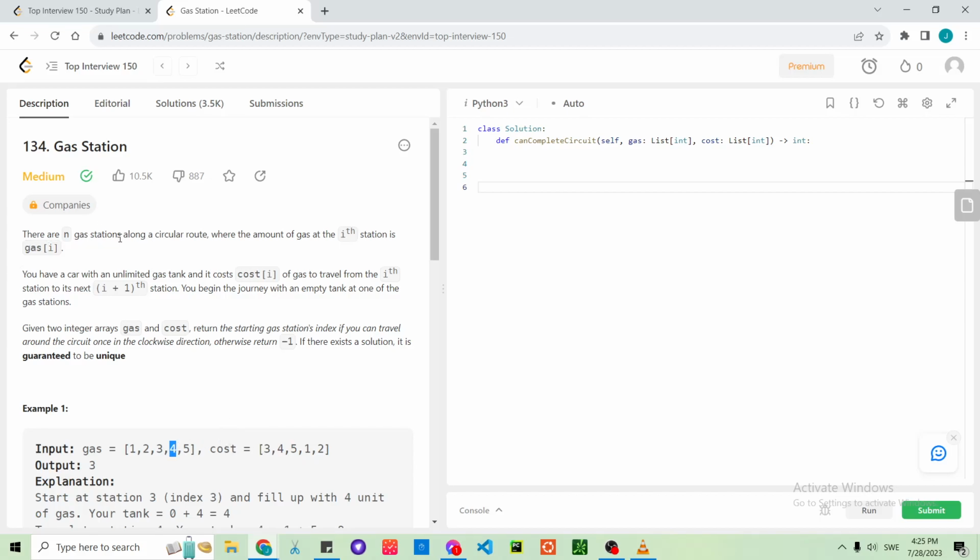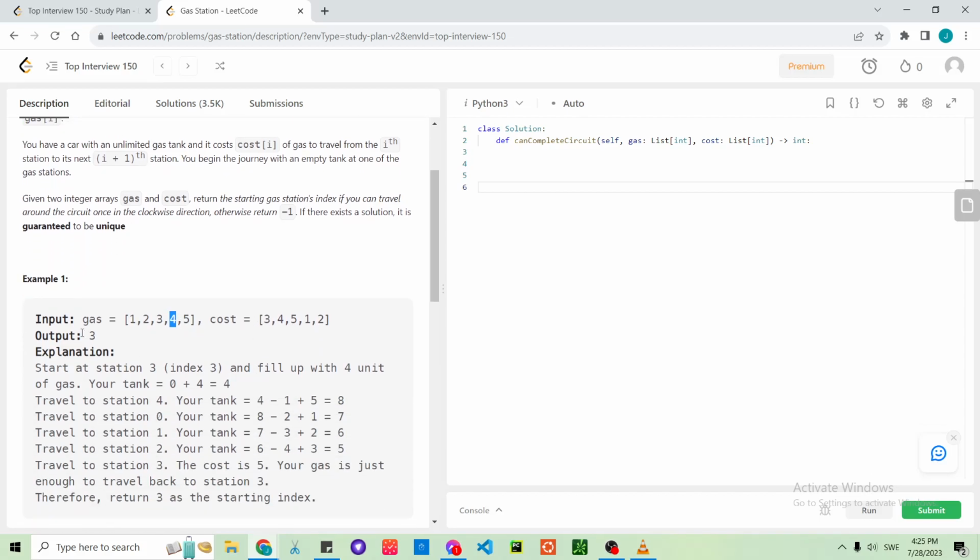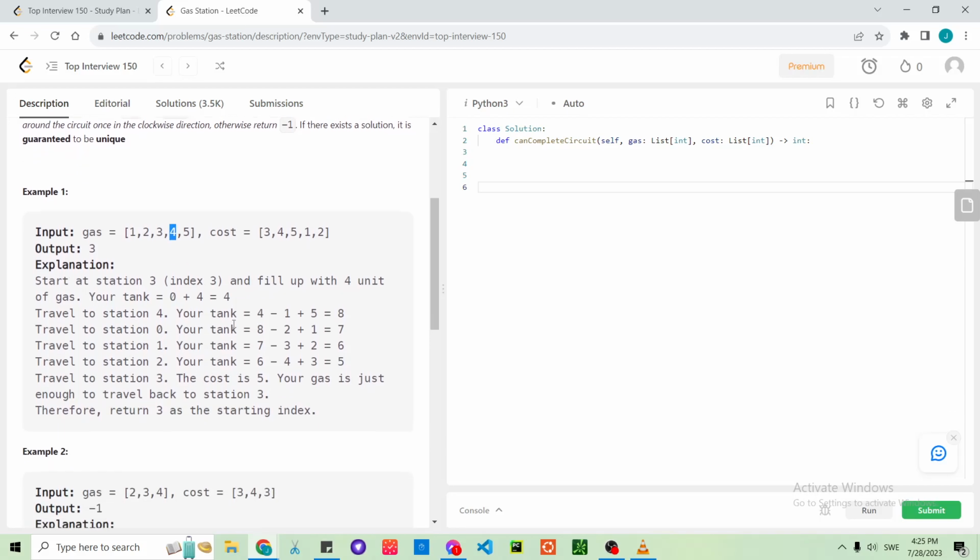Do we need to travel around the circuit once, clockwise direction, so like this, going forward? Okay, so if we start here, we need to go all the way for 5, 1, 2, 3, and then return to 4. I guess that's what it means. Yes, okay. I'll put 3, start at station 3, index 3. Right, so that's the process.